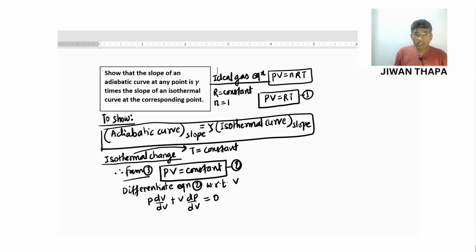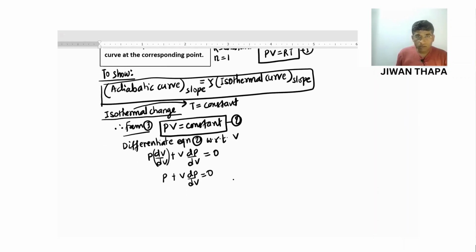Derivative of constant is 0. So this gives me 1, okay? So we can write P plus V dP by dV equals 0. So after simplification, P dV plus V dP equals 0.